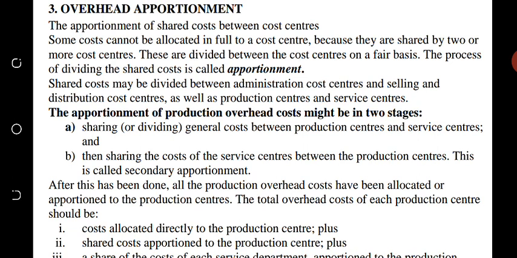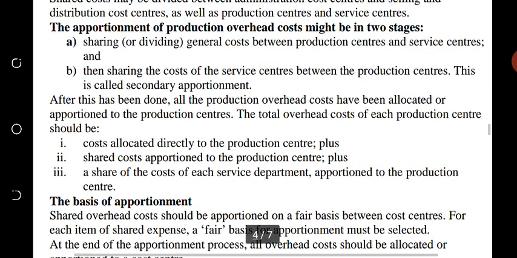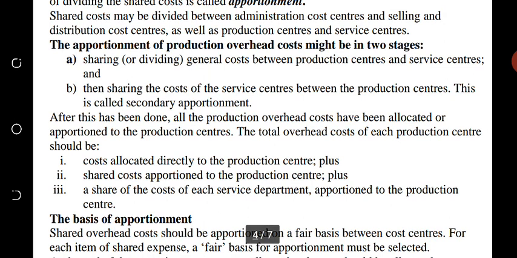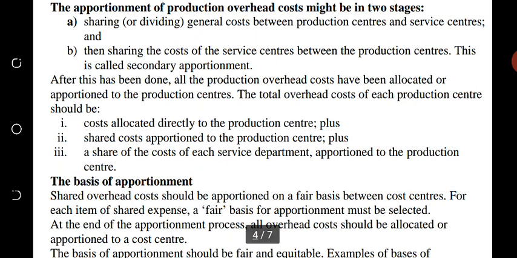Shared costs may be divided between administration cost centers and selling and distribution cost centers, as well as production centers and service centers. The apportionment of production overhead costs might be in two stages. First, sharing or dividing general costs between production centers and service centers, and then sharing the cost of the service centers between the production centers.